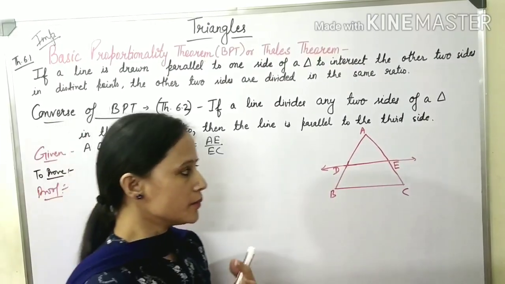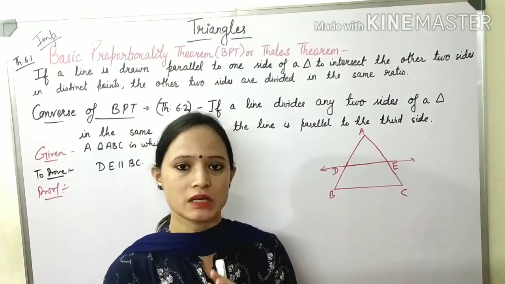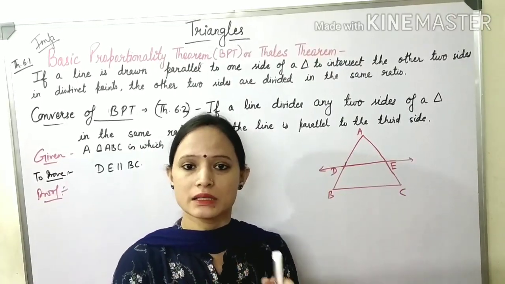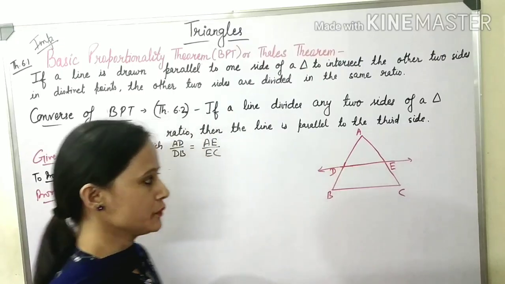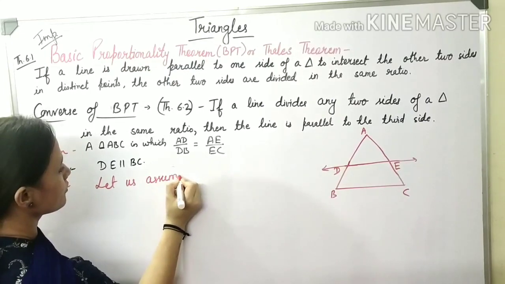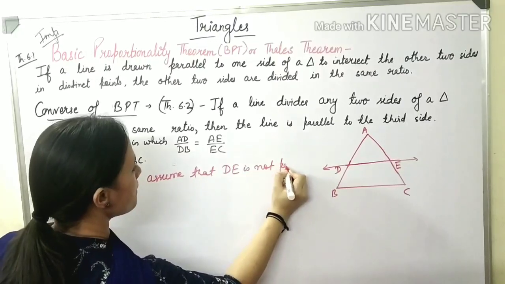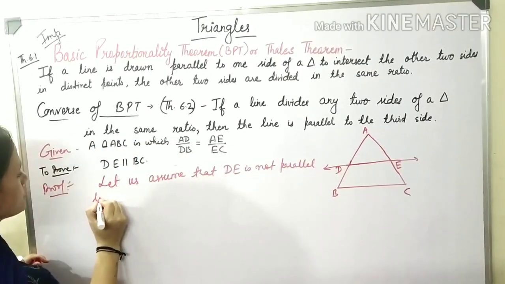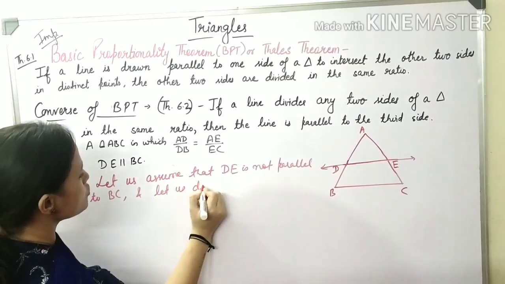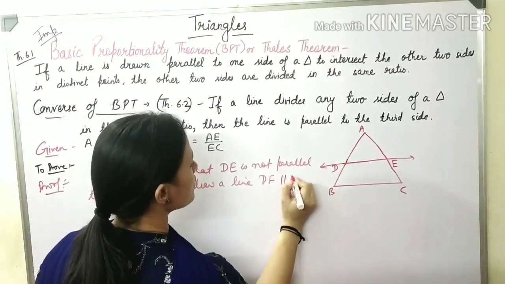Now here we don't have any direct option to prove DE is parallel to BC, so we'll assume that DE is not parallel to BC, and let us draw another line DF parallel to BC.